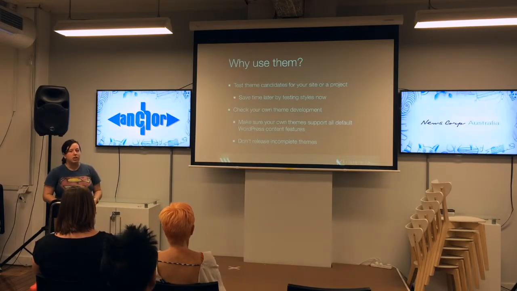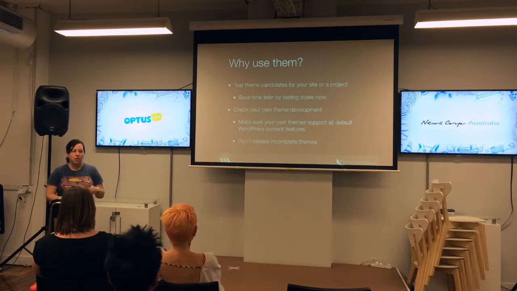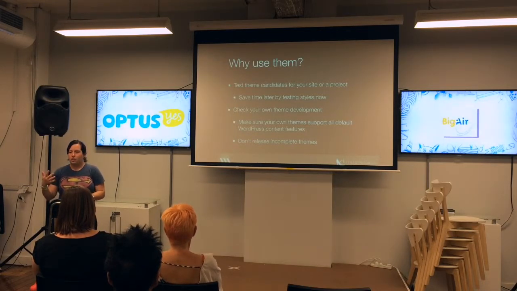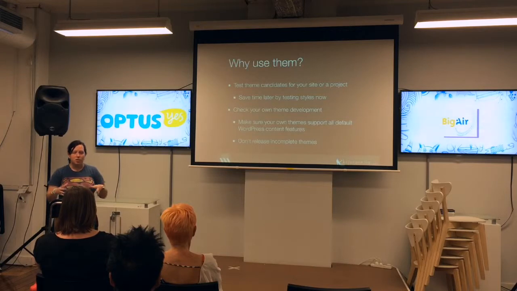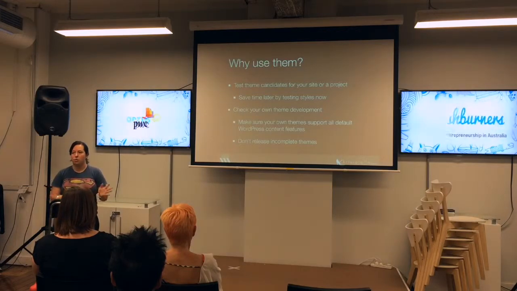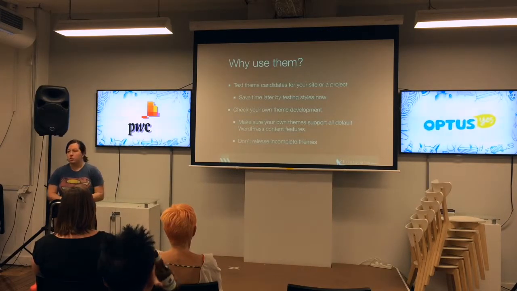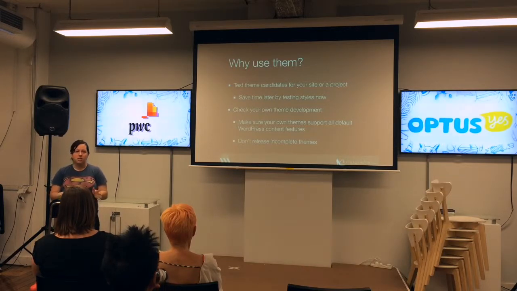Especially if you're releasing a theme to the public, you really need to check that you've properly styled everything that WordPress does. So you've got your visual editor and users can just click on any of those things to make something bold or to create a list or to add a heading or a block quote. You want to make sure that they're all styled properly and distinguishable as different types of content than just a plain paragraph.